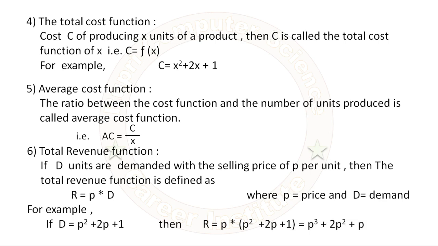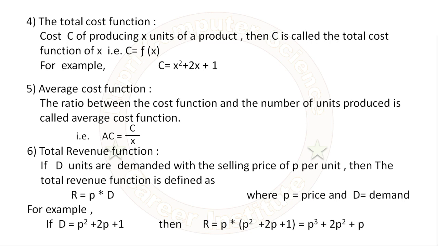For example, if D is equal to P square plus 2P plus 1, then R is equal to P into that bracket. Multiplying, we get R is equal to P raised to 3 plus 2P square plus P, which is the final total revenue function.